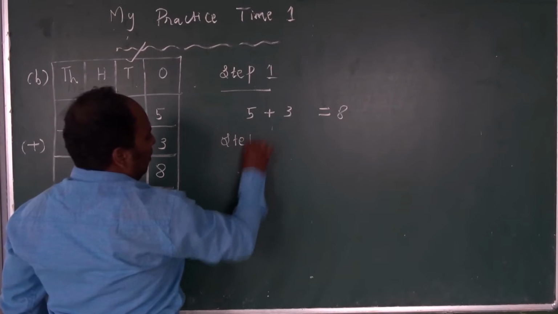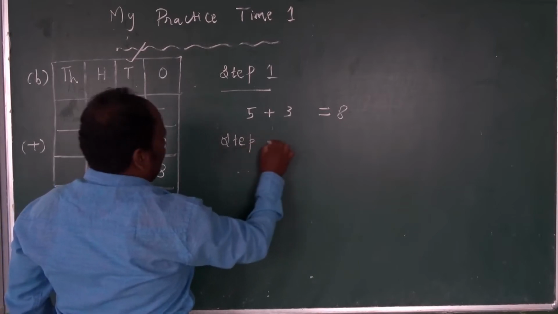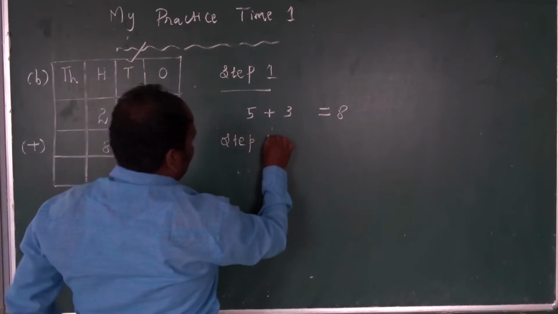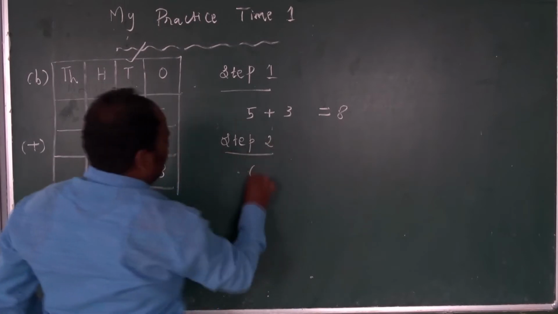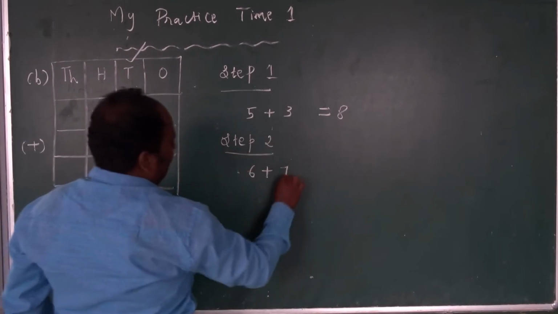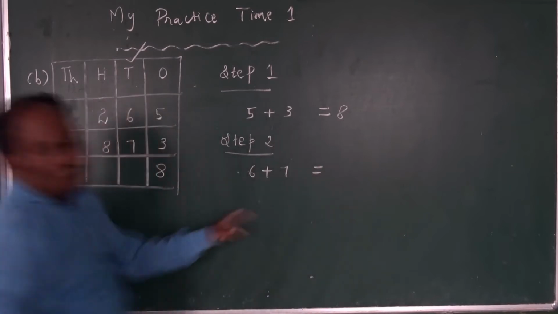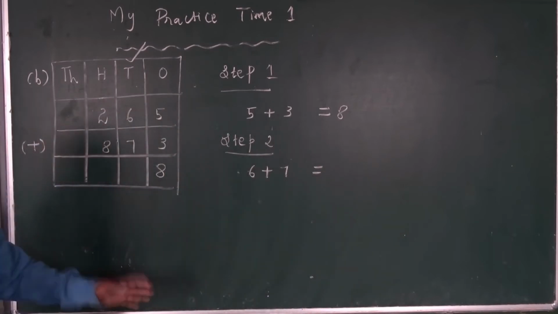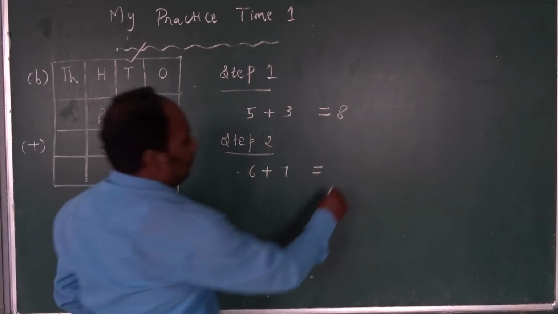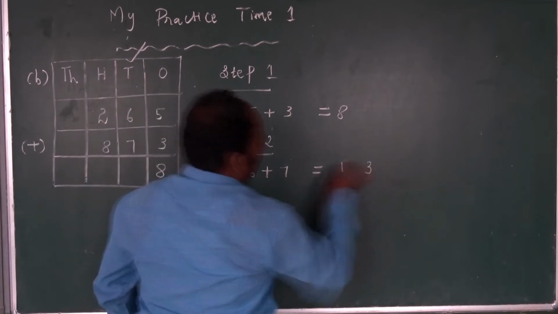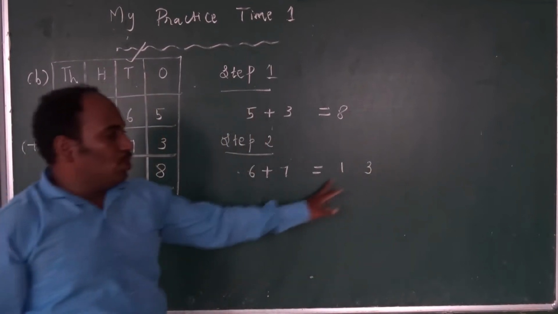We add 6 tens plus 7 tens. 6 plus 7 is equal to 13.